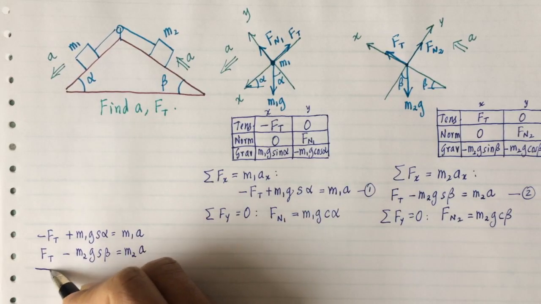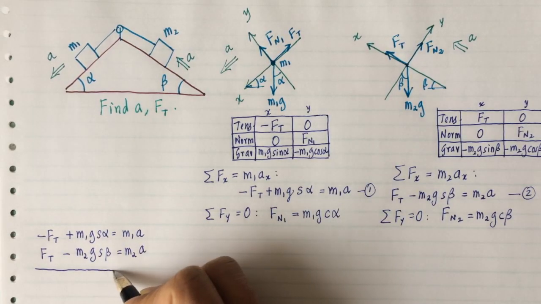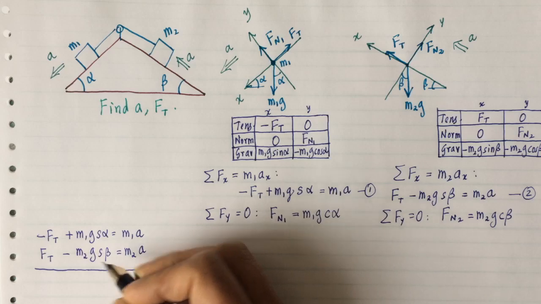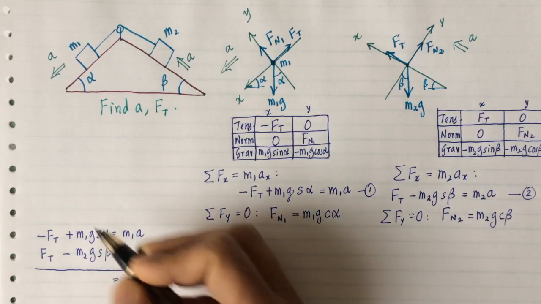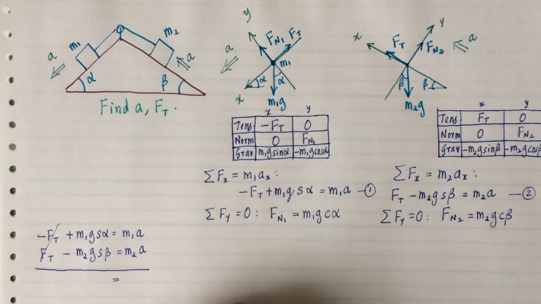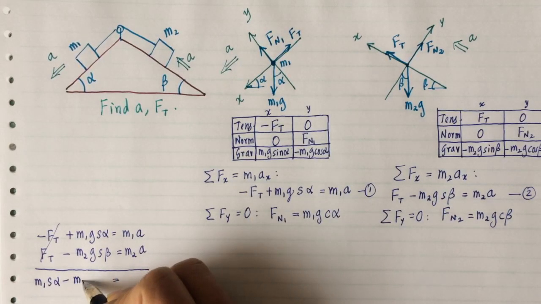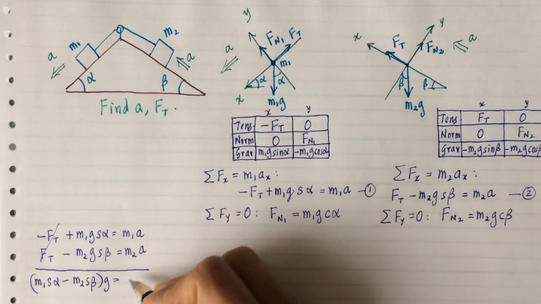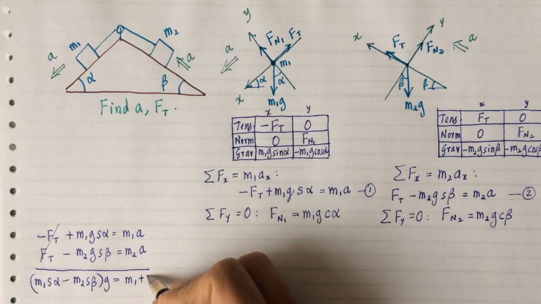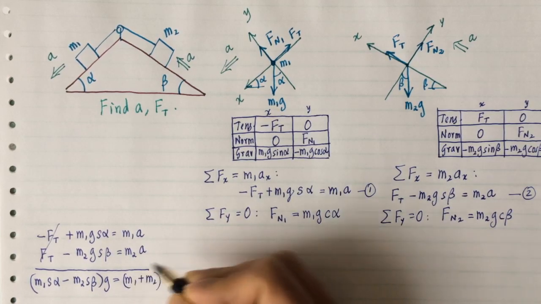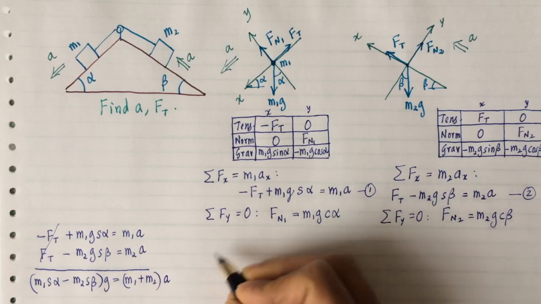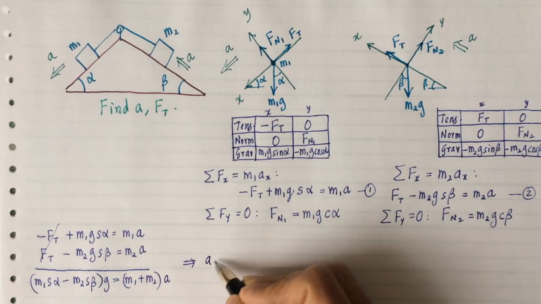Adding two equations means adding the left hand side, putting the equal sign, and then adding the right hand side. If I add the left hand sides, you'll notice that the tension terms cancel. So I just get m1 sine alpha minus m2 sine beta times g on the left side. On the right side, I get m1 plus m2 times a.